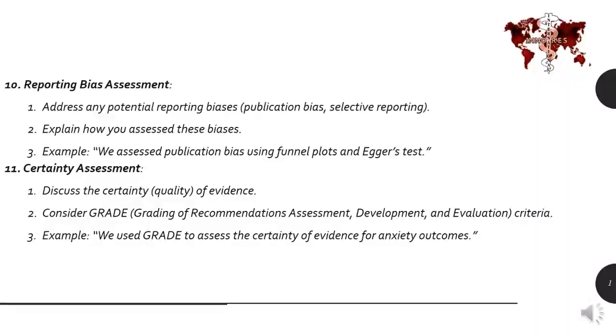The possible criteria could be the GRADE criteria, which is the Grading of Recommendations Assessment, Development and Evaluation criteria. You want to describe the decision rules you used to arrive at your judgment of the certainty of evidence, whether it is high, moderate, low, or very low. So you want to state all these things.